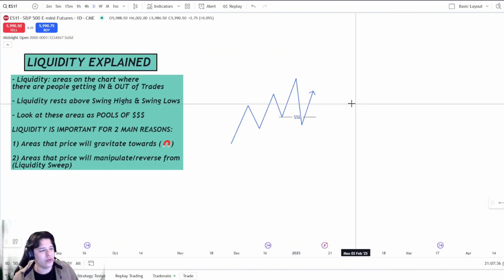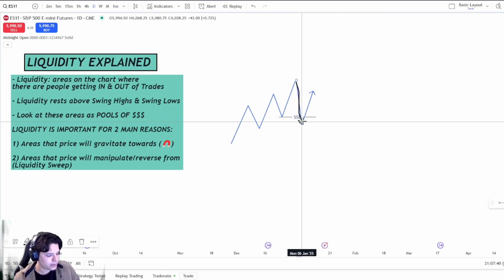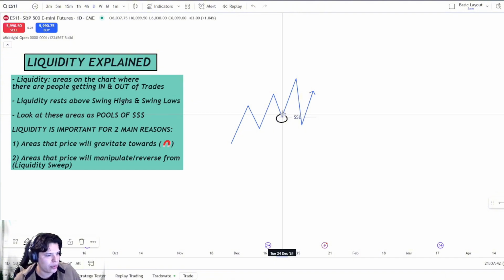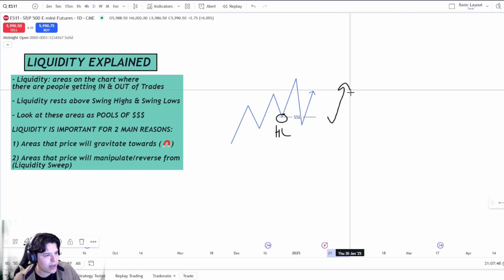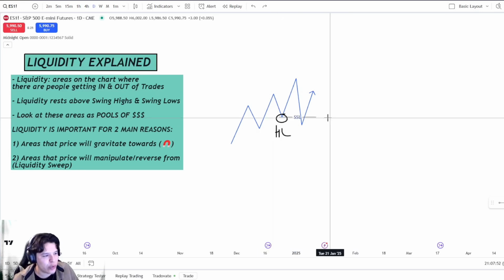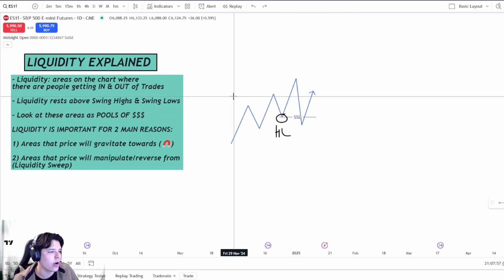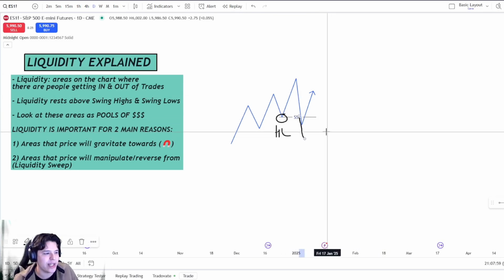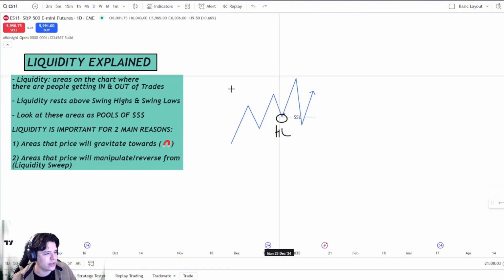But what I'm showing you guys here is price came down, it dipped below this previous higher low, but it ends up manipulating and reversing in the opposite direction, right? We sweep sell side liquidity and we end up respecting overall bullish momentum, for example, because we ended up creating a bottom wick here, and I'm going to show you guys that with actual candlesticks and price action.